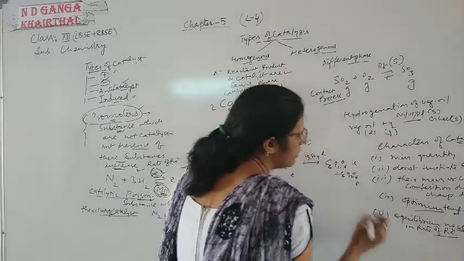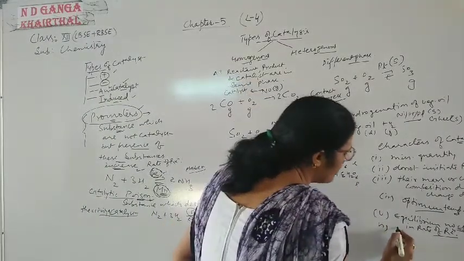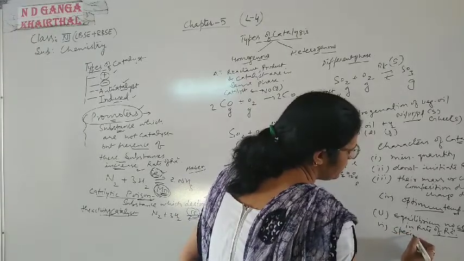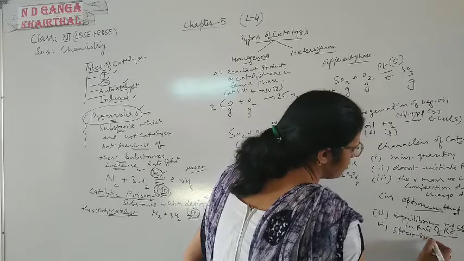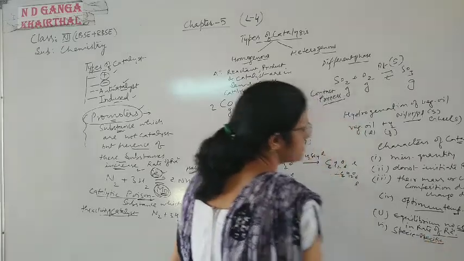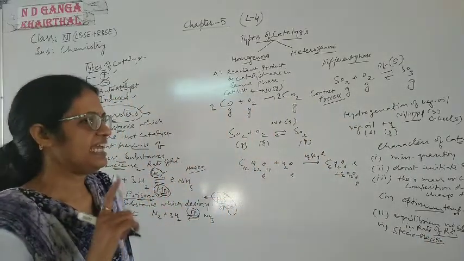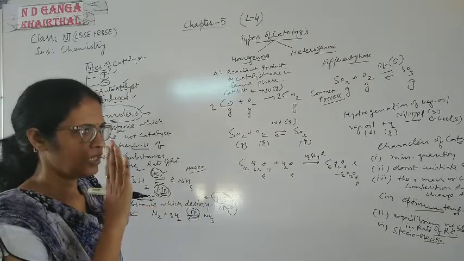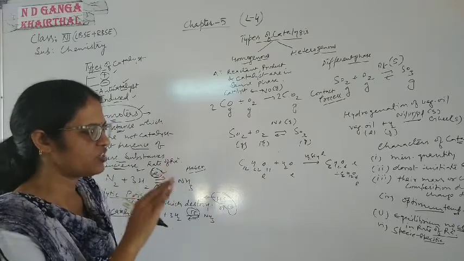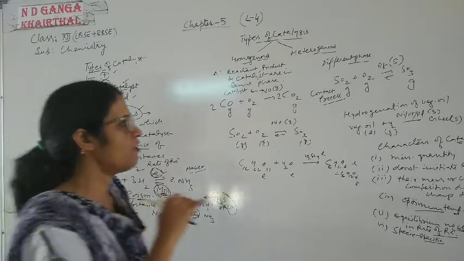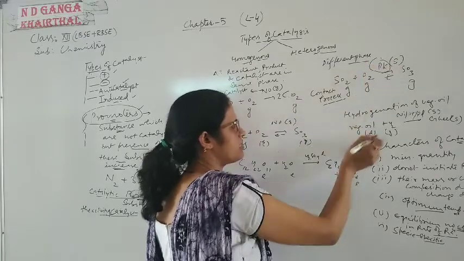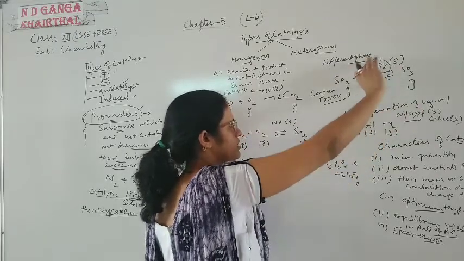And catalysts are specific. Specific means each catalyst is specific for each reaction. Okay, for example, in this reaction we can't use this catalyst, and these catalysts for this reaction.